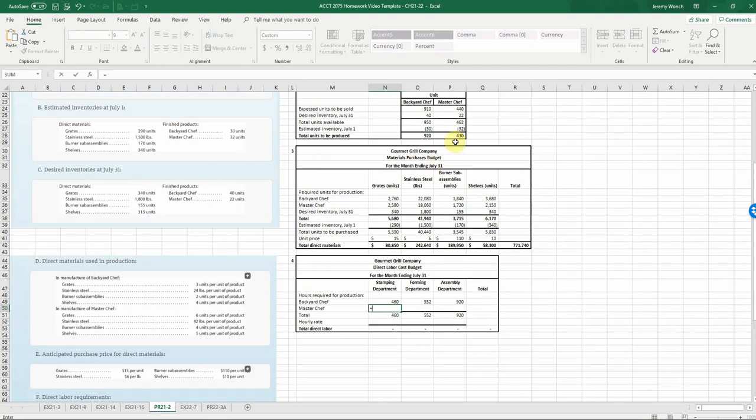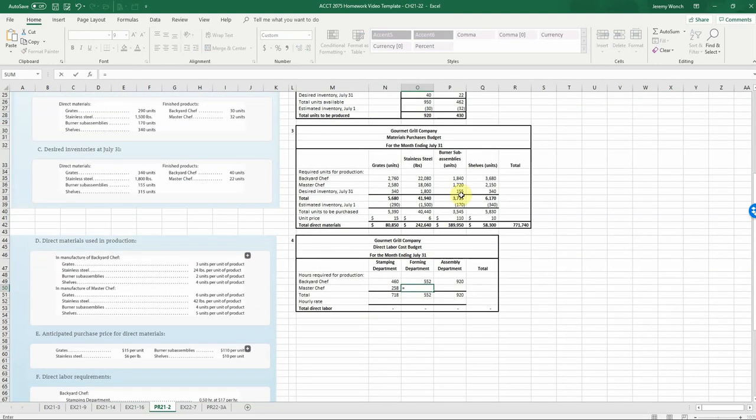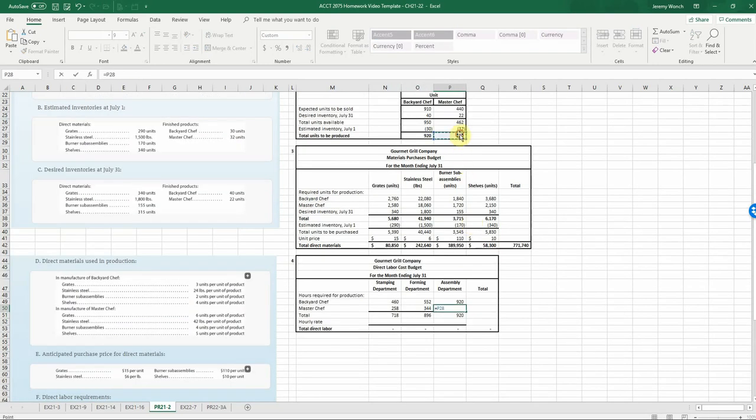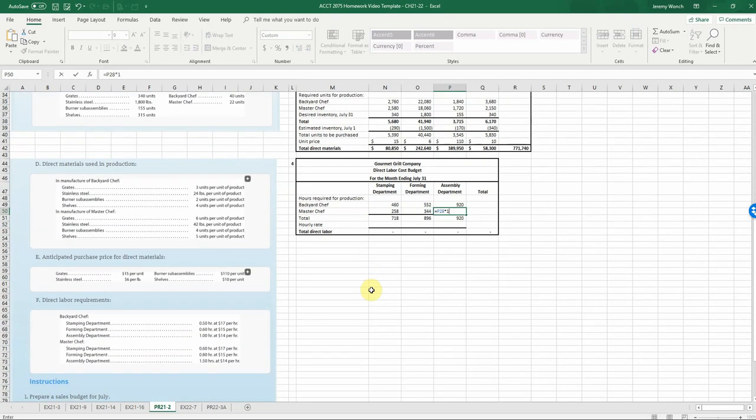The Master Chef, we got 430 units times 0.6. 430 times 0.8 for forming, and then the assembly department, I'm going to do 430 times 1.5.